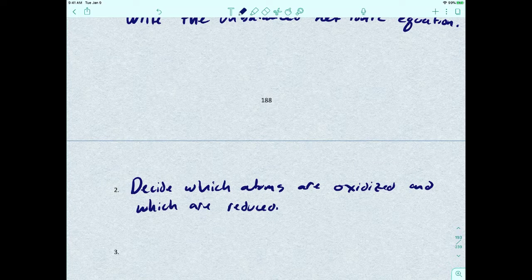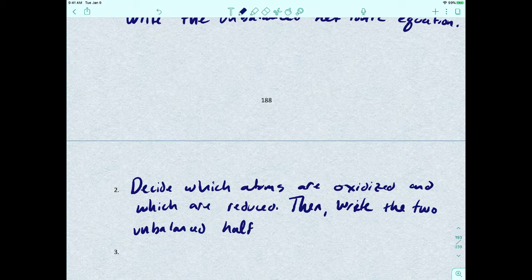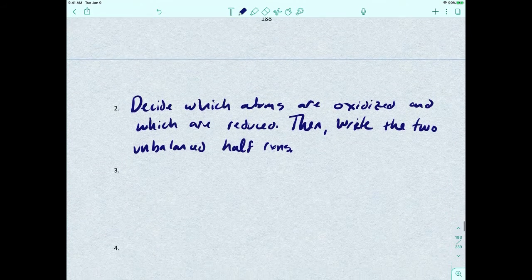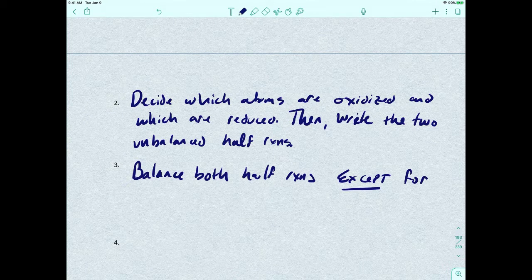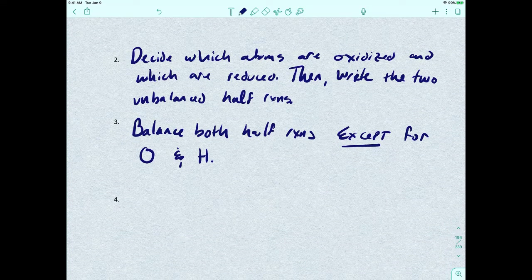And then once we do that, we write the two unbalanced half reactions. Once we do that, the next part is that we balance both half reactions except for oxygen and hydrogen.